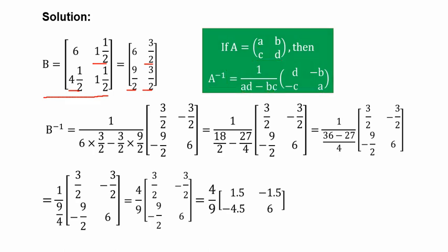Okay, so we have 1 over determinant, that is AD minus BC. So in the inverse of a 2 by 2, you interchange the elements in the main diagonal.